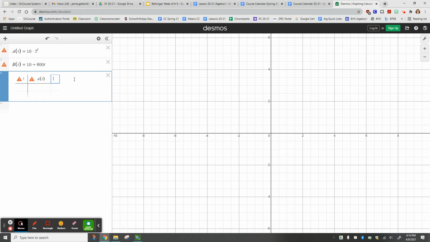And then we're going to add another column and do b of t. Let's plug in some numbers. Okay, well that didn't work. Let's see if we can get some x and y values.